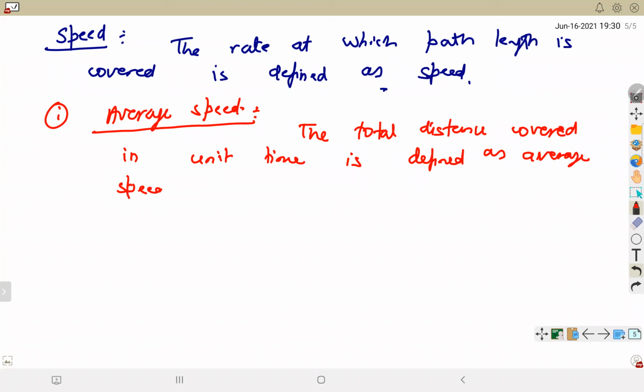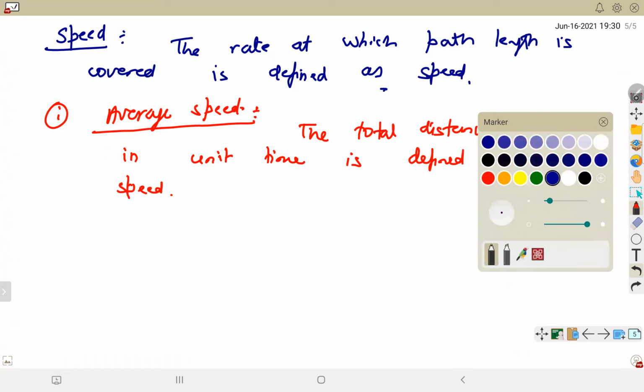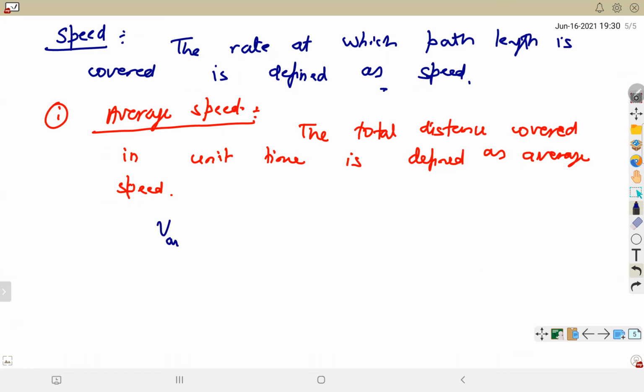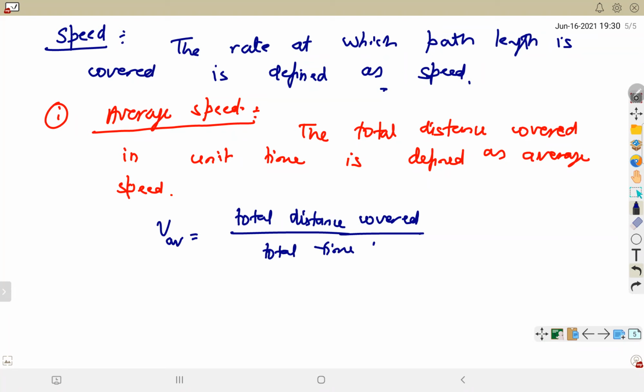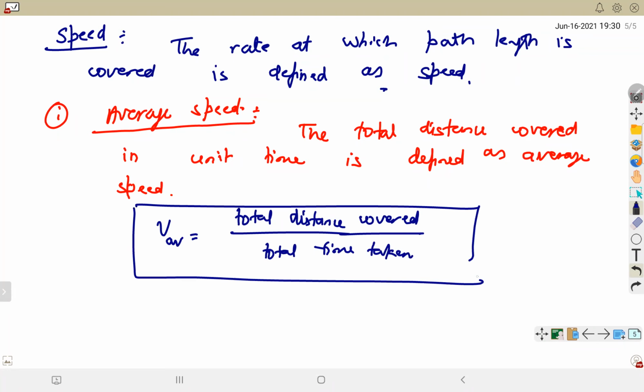At any instant, if we have to define it, then we have to differentiate. So average speed is total distance covered upon total time, which will be S divided by T, irrespective of whether the motion is one dimension or two dimension.